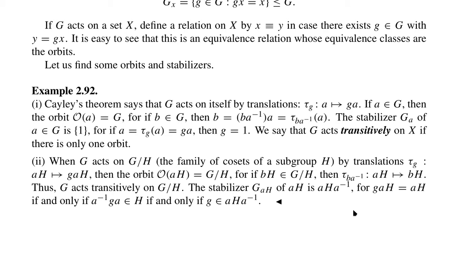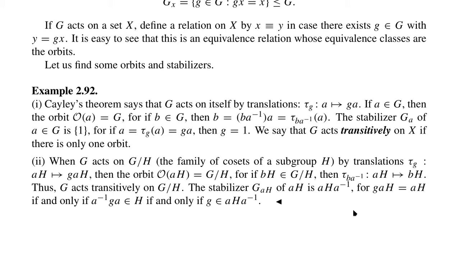Okay. So Cayley's theorem, as we saw, said that you're going to have translations, and you're going to have permutations. So these translations that you have, like tau of g, which take an element and give you the product ga, then the orbit of a is going to be the group itself, right, for these translations.